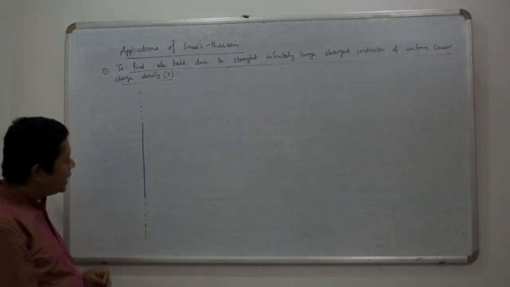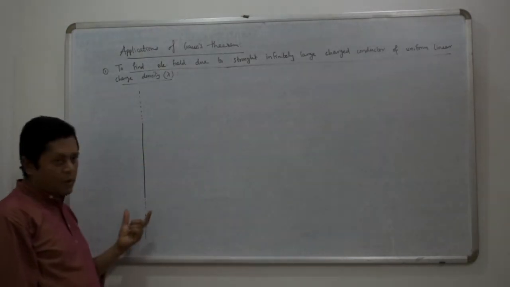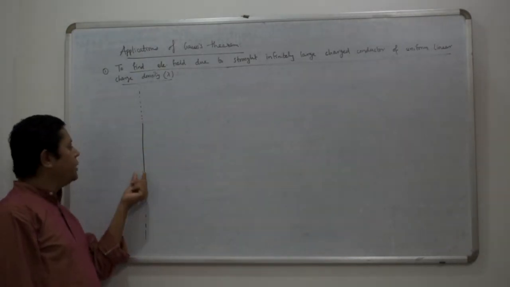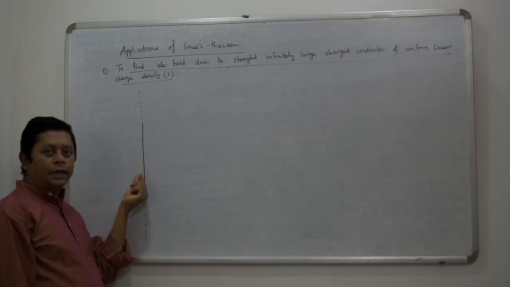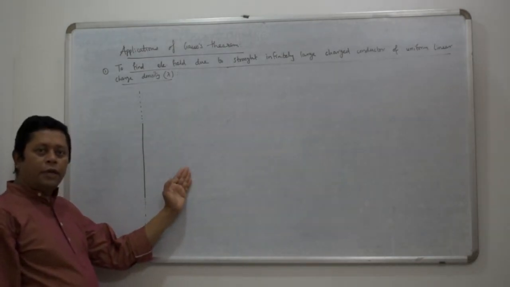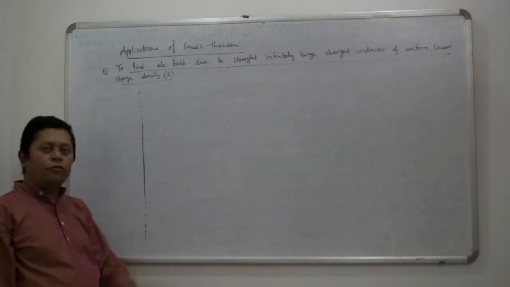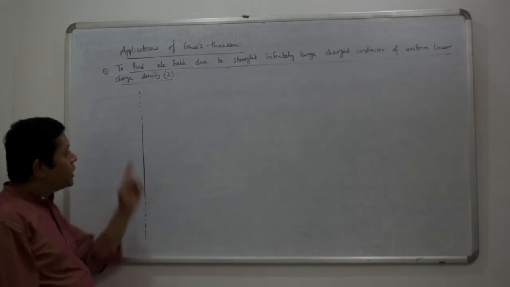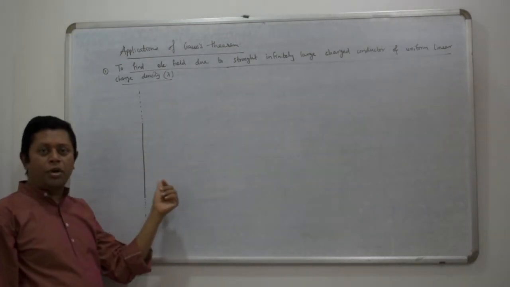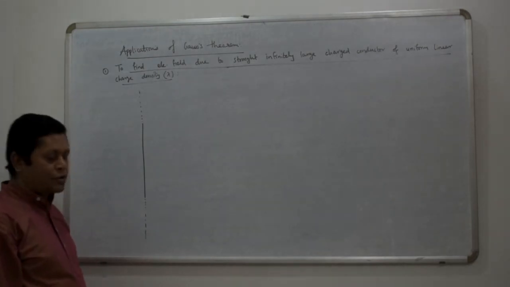Infinitely large doesn't always mean that it has no end. For example, suppose due to this conductor you want to find the electric field at a distance of 10 centimeter. In that case, if the length of the conductor is, say, 3 meter or 5 meter, then with respect to that unit meter, centimeter is very small, and you can consider it as infinitely large.